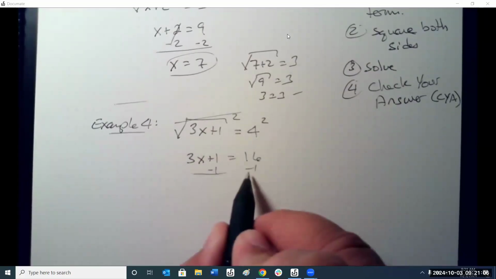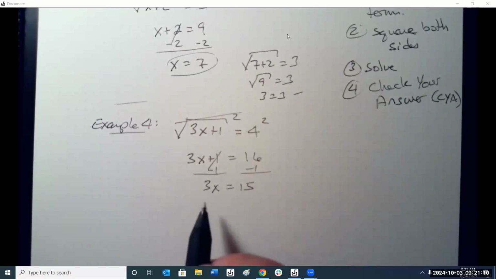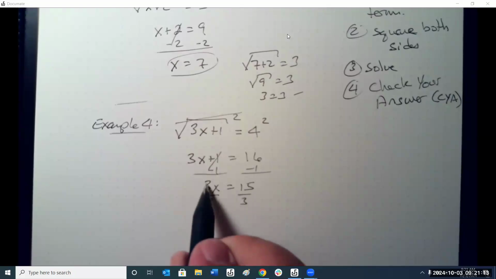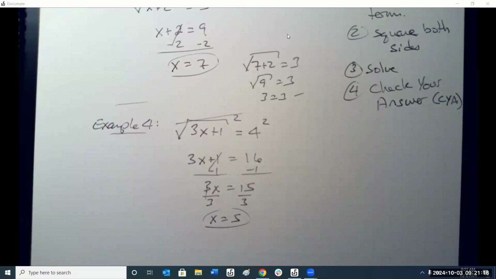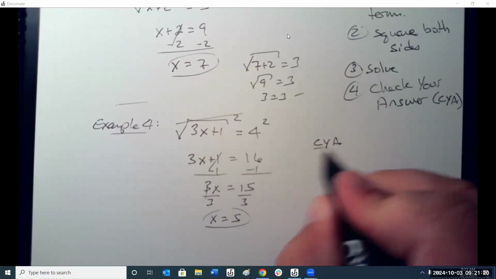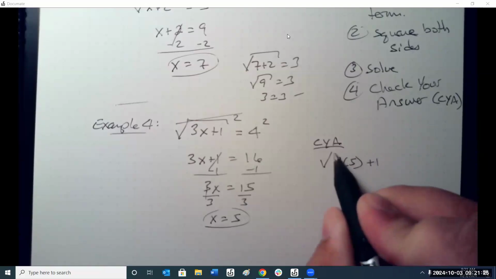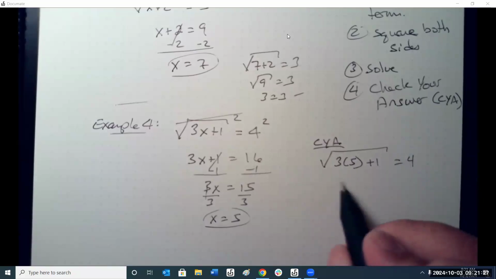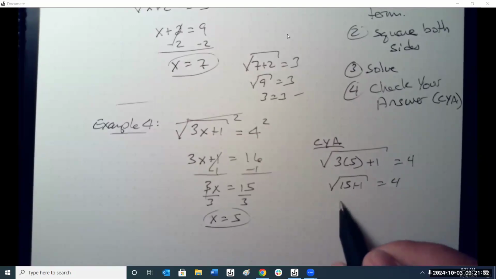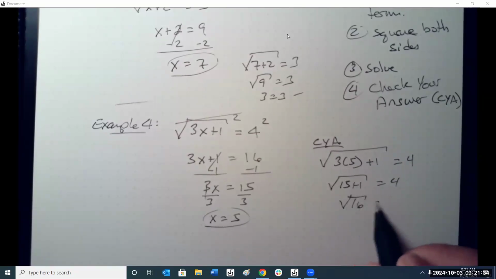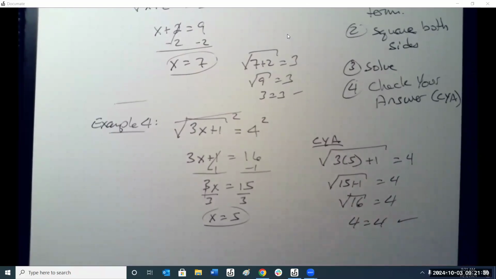Subtract 1. 3x equals 15. Divide by 3. x equals 5. Remember, check your answer. 3 times 5 plus 1. 15 plus 1 is 16. Square root of 16 is 4. So it works. So that's the right answer.